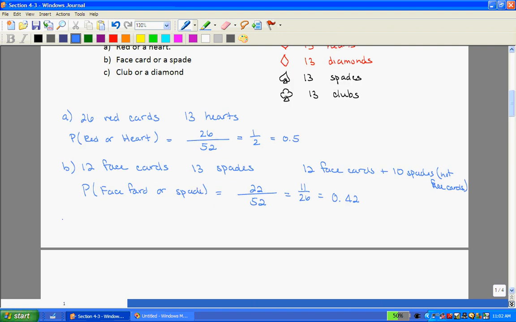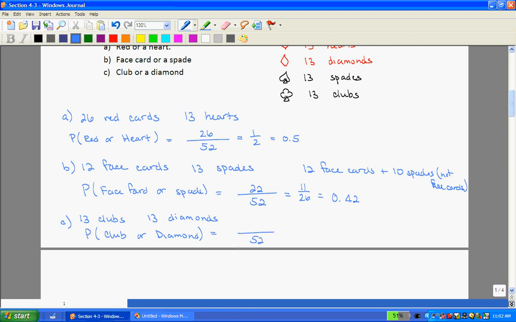Okay, one more here, example C. A club or a diamond. Well, kind of like what we did before, we'll list out what we have. There are 13 clubs, and there are 13 diamonds, and we're looking for the probability of a club or a diamond.